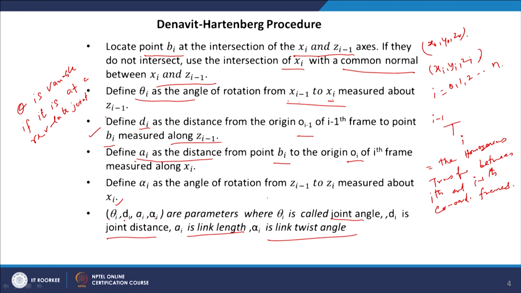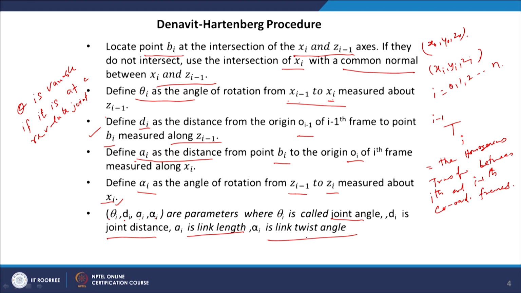And similarly, the twist angle alpha I is the angle between the axis zi minus 1 and zi measured about the vector xi. So these 4 definitions for the parameters of a robot manipulator at every joint is given by this procedure.